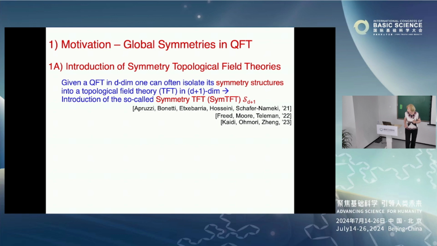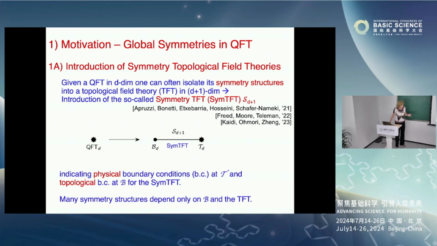Pictorially, we start with the quantum field theory in D dimensions, and then we extend it in one dimension higher by the symmetry topological field theory, where the original quantum field theory in D dimensions is associated with the physical boundary conditions on one side of this one-dimension-higher field theory, and on the other side, we are dealing with topological boundary conditions of the symmetry TFT that give us information on the global symmetry structures.